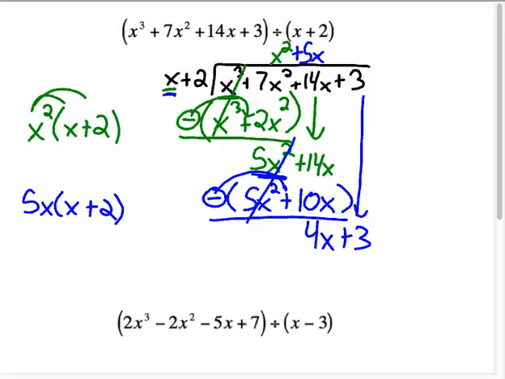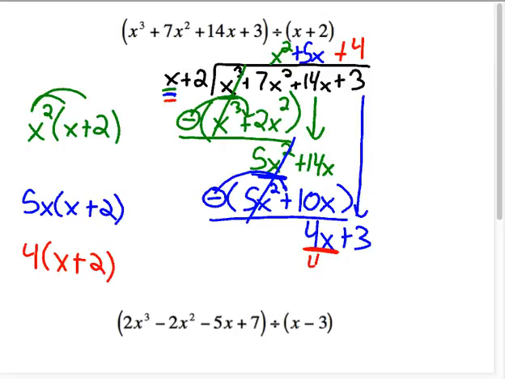Pull down the plus 3. And in this instance, you may notice we can actually keep going. All right, so here, now let's see, what does an x need to become a 4x? Well, it's going to need a 4. So take that 4, multiply it to that x plus 2.